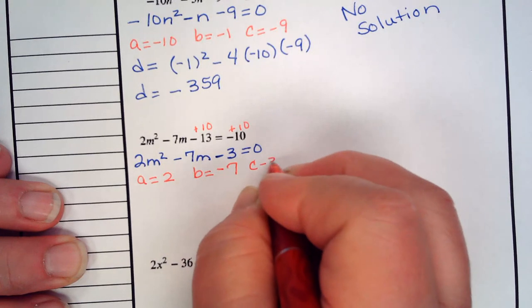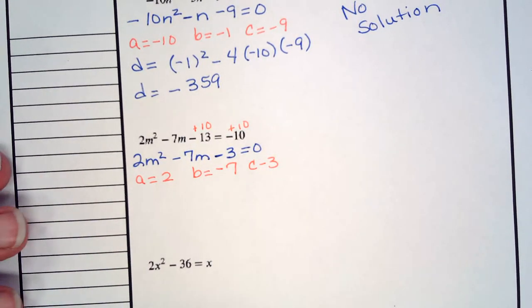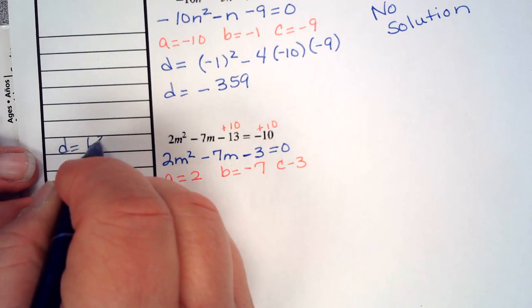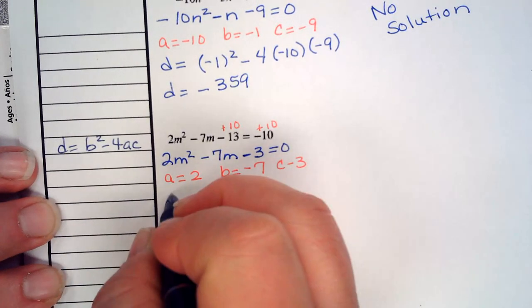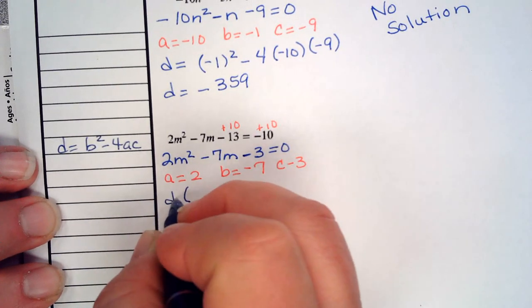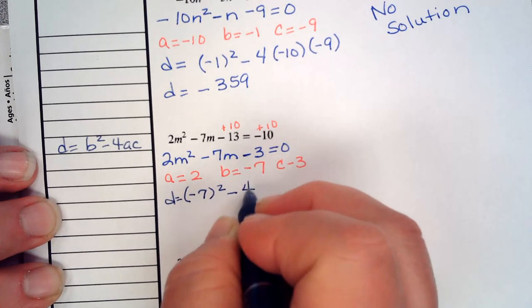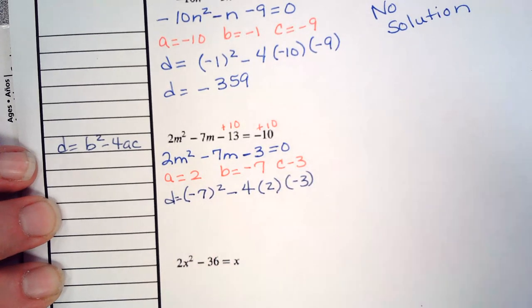C is negative 3. Find your discriminant. Okay, so for my discriminant, negative 7 squared minus 4 times 2 times negative 3.